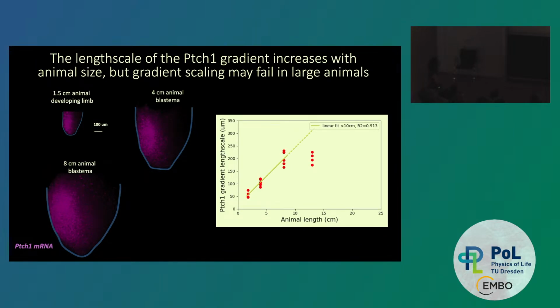Now, interestingly, when he measures the Patched 1 length scale, he sees scaling up to about 8 centimeters, but then the scaling seems to break down when he gets to animals above 8 or 10 centimeters. And so indeed, it seems that there's a limit to scaling of the Sonic Hedgehog signaling in these animals.